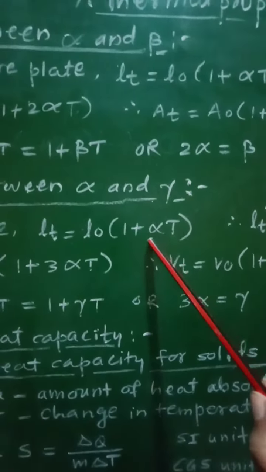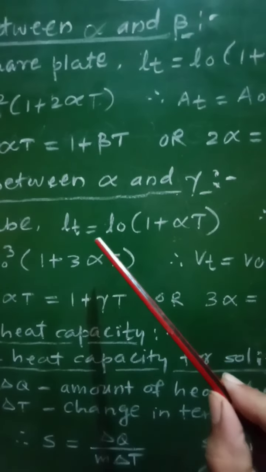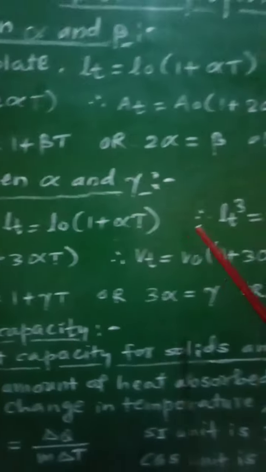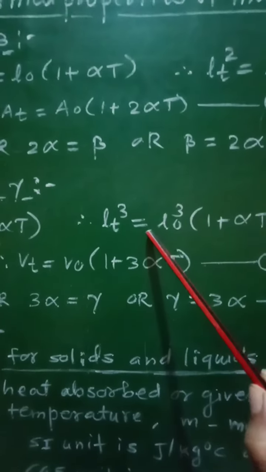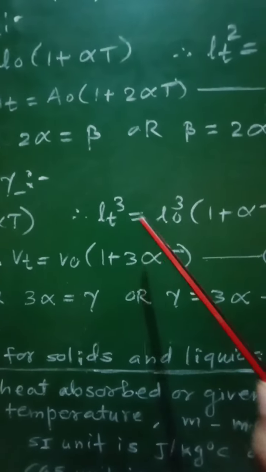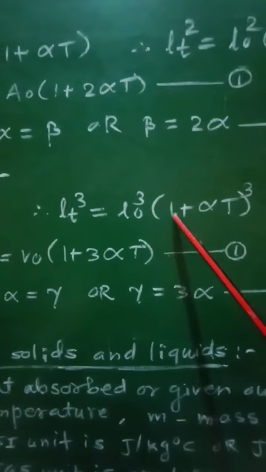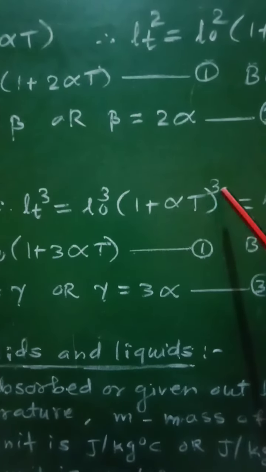Now we have to take the cube of this equation, and therefore taking the cube we can write LT cube equal to L0 cube into 1 plus alpha T whole cube.